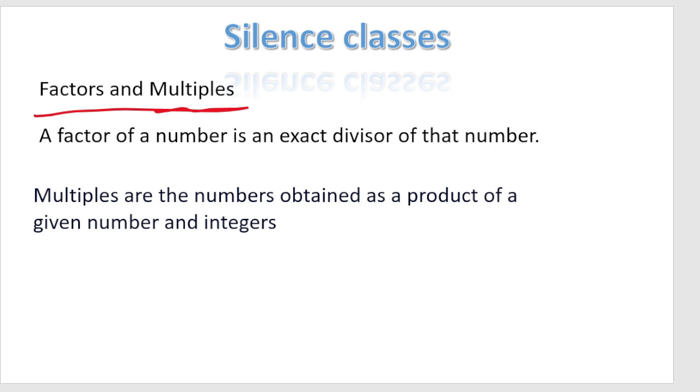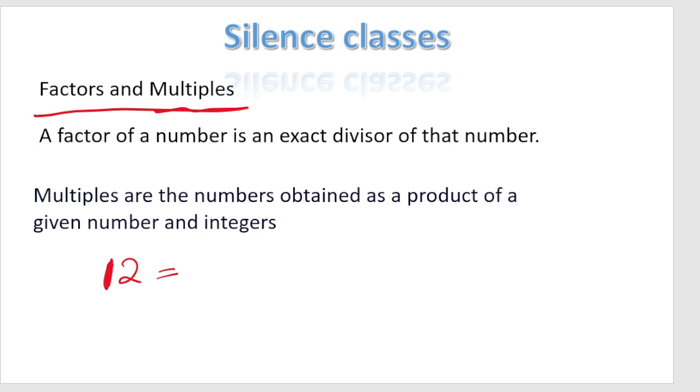Means if there is any number given to you, and you find the numbers by which that number can be divided completely, with no remainder left, then those are the factors of that number. Let's say I have the number 12. The factors of 12 are the numbers by which 12 can be divided completely.